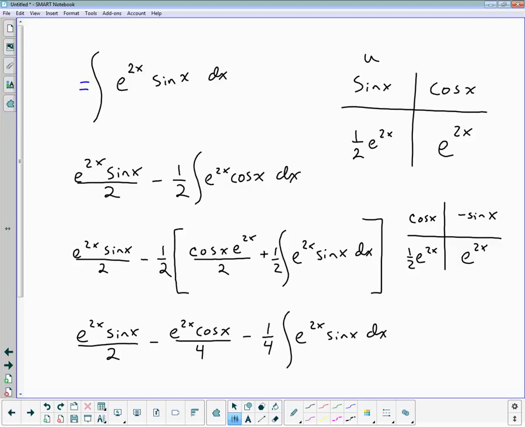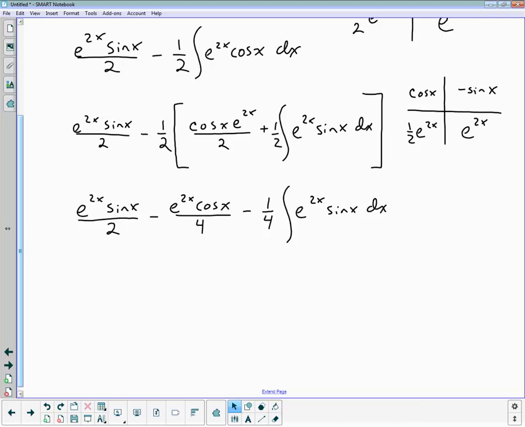Whatever the heck that integral is, whatever it is, let's just call it I for integral. So I, whatever I is equal to all of this.